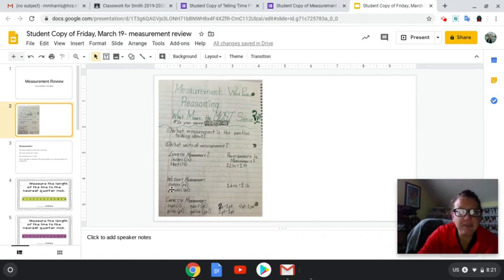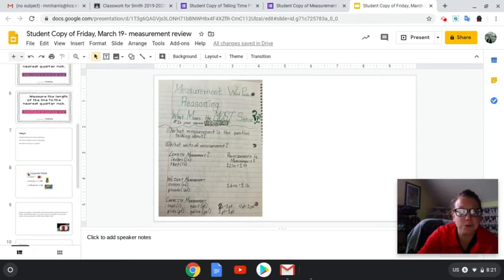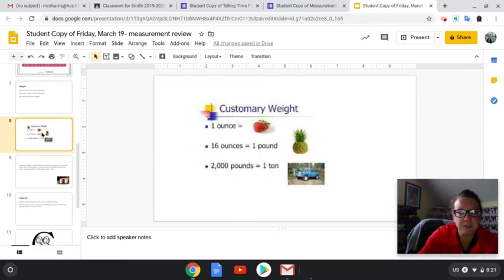Now we have the units of measurement and their abbreviations. And we can even see our little relationship between the two right here. 16 ounces equals 1 pound. If you remember, an ounce could be like a strawberry, but what did we use in our lesson?